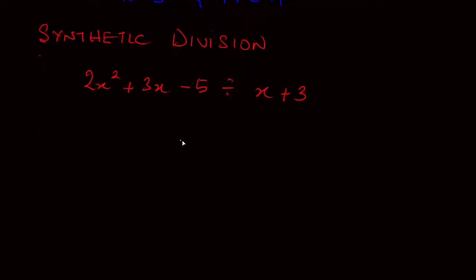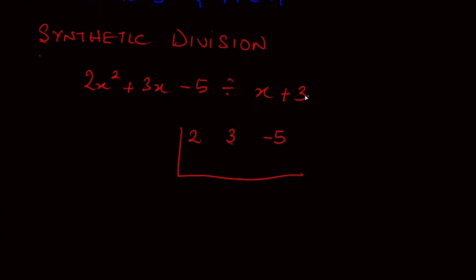We're going to rule a line similar to the other line, but not exact, like upside down kind of. Remember, this is the dividend. We write the coefficients of our dividend: 2, 3 and minus 5. We write them out like this.